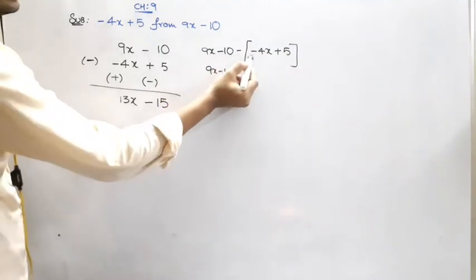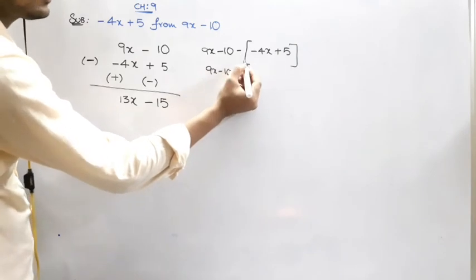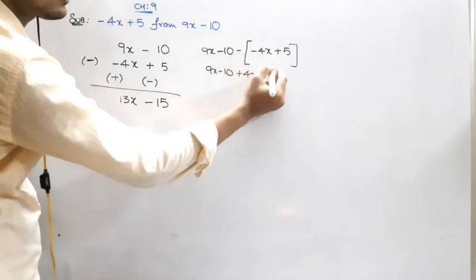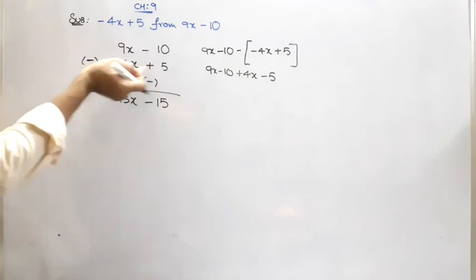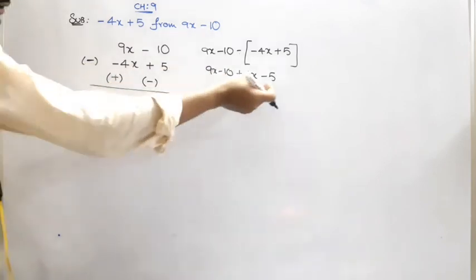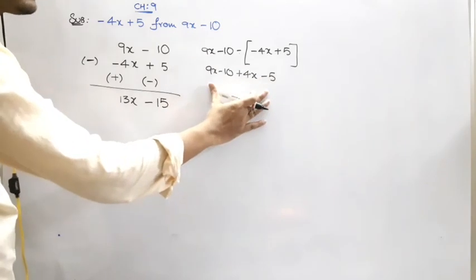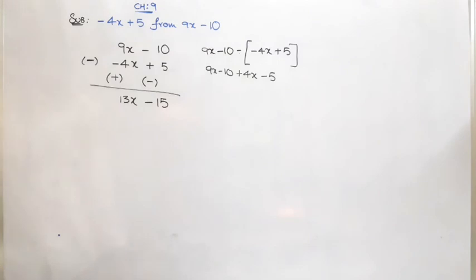When we have a bracket, what does it mean? It means we have to multiply. Minus into minus is plus 4x, minus into plus is minus 5. Okay, so plus 4x minus 5. If you are quite familiar with this method, you can go with this process or else the other process. Both are correct.